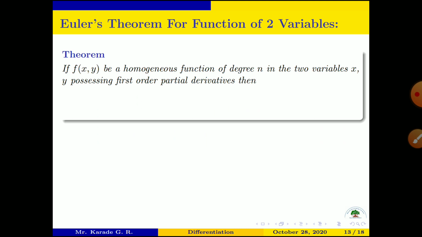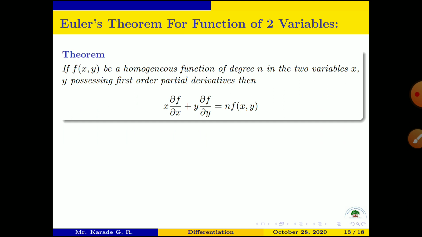If f of x comma y is a homogeneous function of degree n in the two variables x, y possessing first order partial derivatives, then we have this identity: x into dou f by dou x plus y into dou f by dou y is equal to n into f of x comma y.